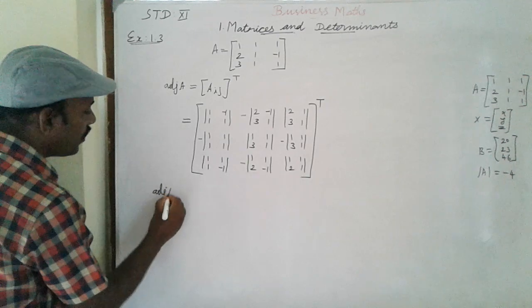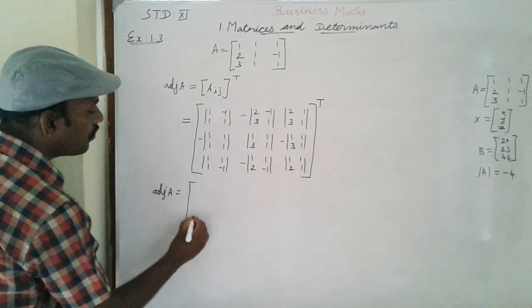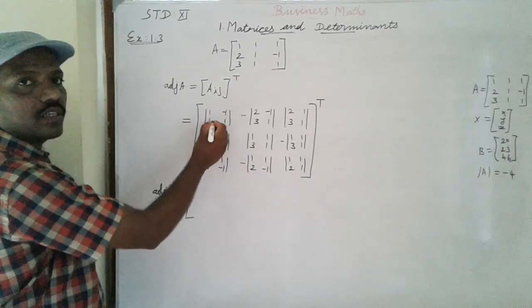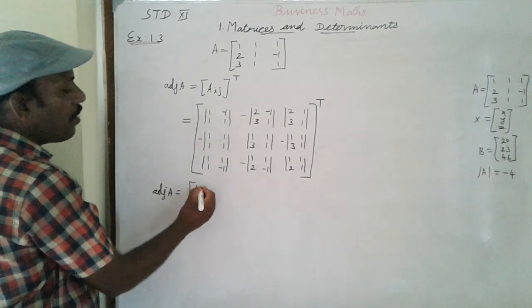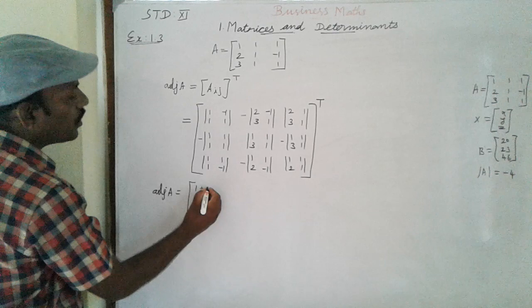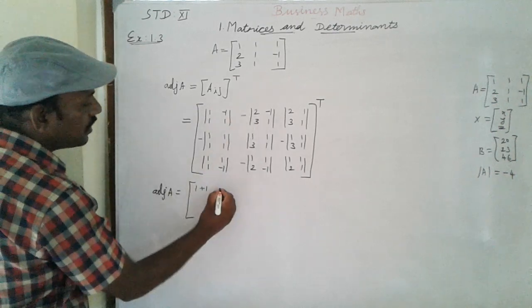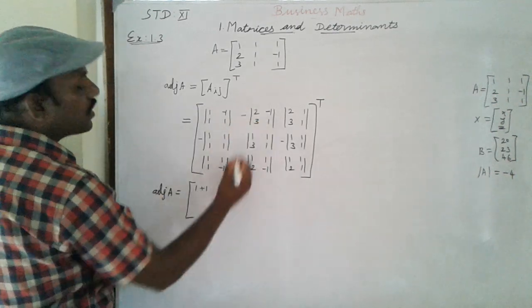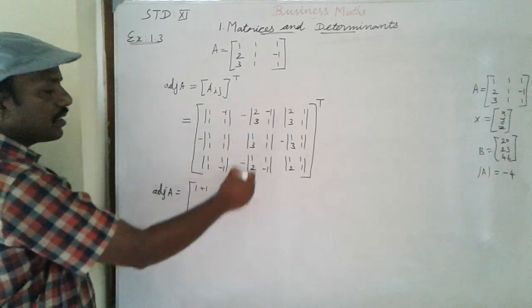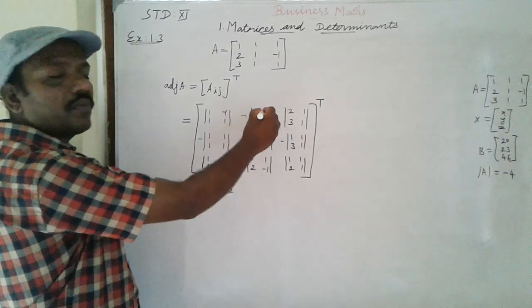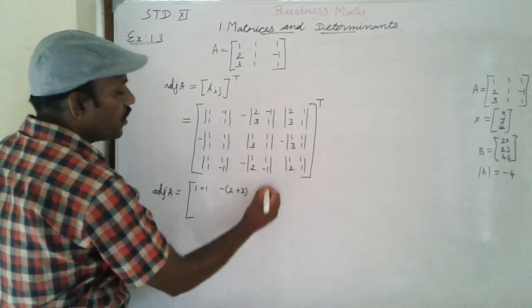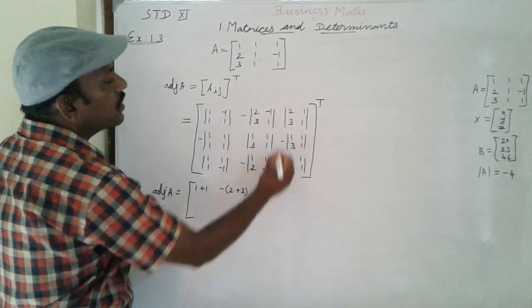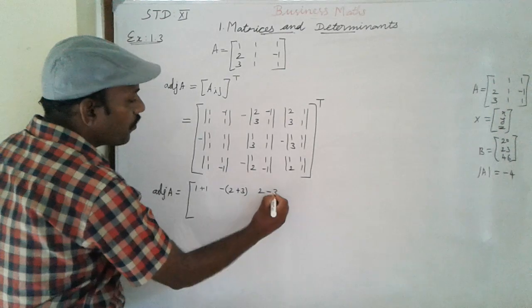Adjoint A equal to, it's a multiple of this value. 1 into 1 is 1. 1 into minus 1 is minus 1. Minus into minus is a plus 1. Next, minus is the symbol. 2 ones are 2. 3 into minus 1 is minus 3. Minus into minus plus 3. Next 2 ones are 2. Minus 3 ones are 3.